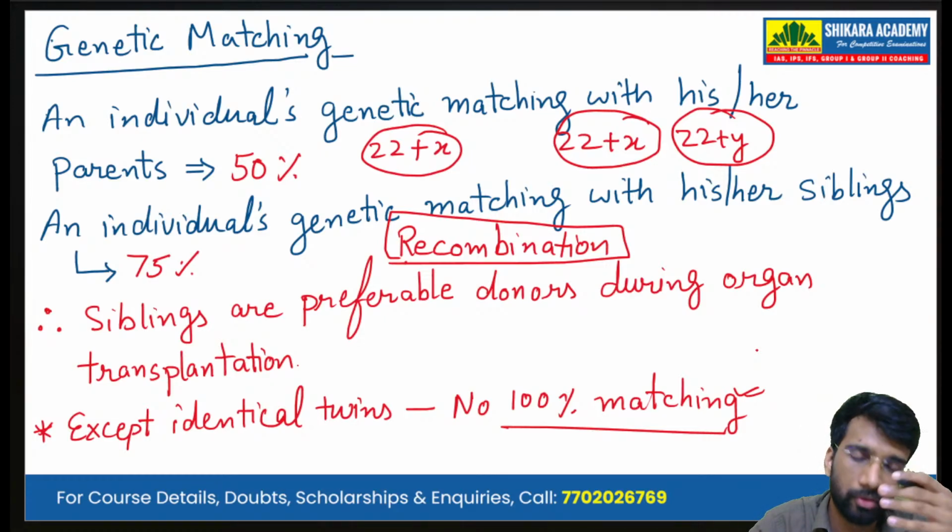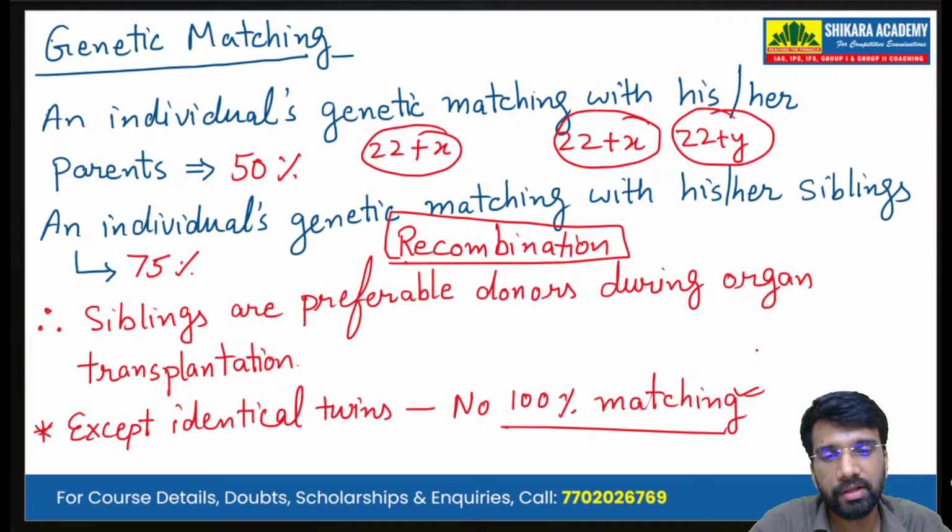But not everyone has an identical twin. Identical twins are very rare. So the second most preferable donors will be the siblings as compared to parents, because with siblings we share 75% genetic matching as compared to 50% with the parents.